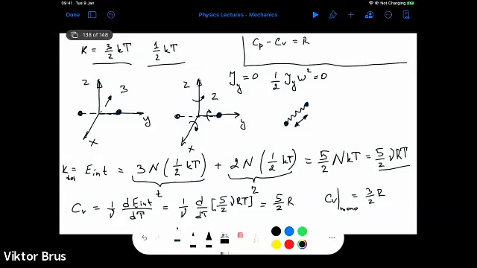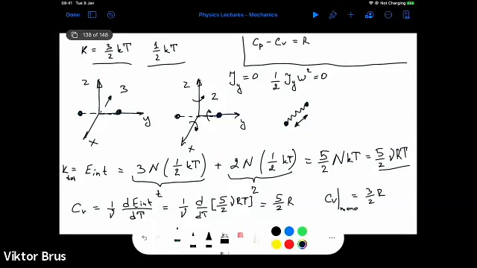is valid for all types of molecules. So regardless if it's monoatomic or diatomic, because this difference is caused by the work done on the system, and this work is not dependent on the molecular structure of the gas.